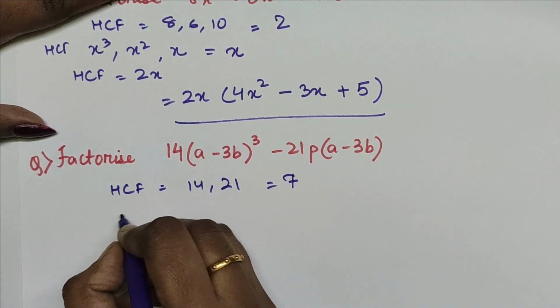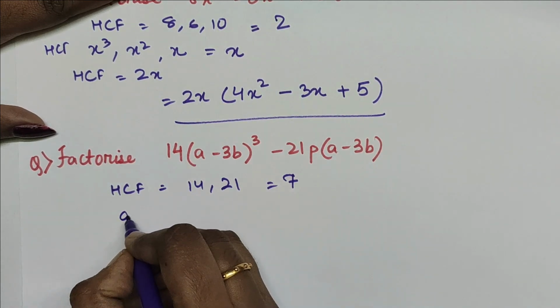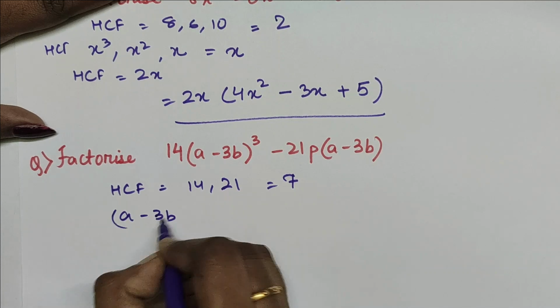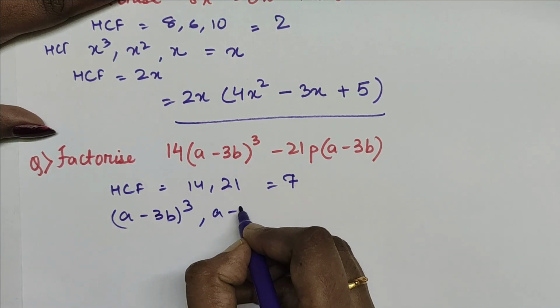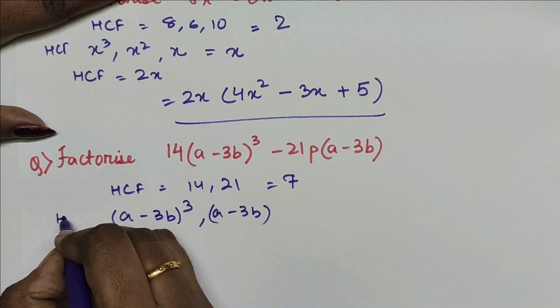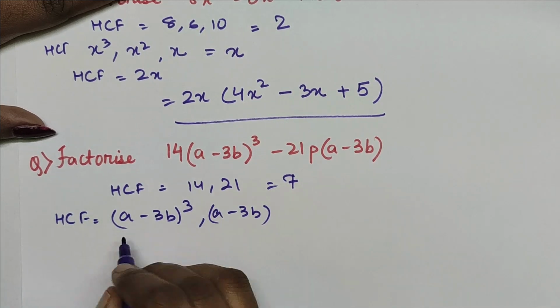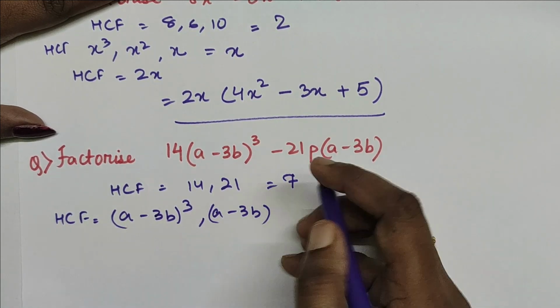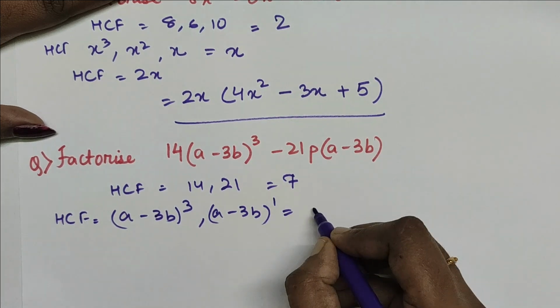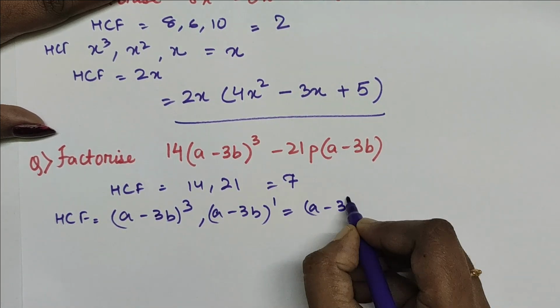as common. So out of these two, a minus 3b cube and a minus 3b, what will be the highest common factor? The expression with the least power. So here the power is 1, so we'll take a minus 3b.